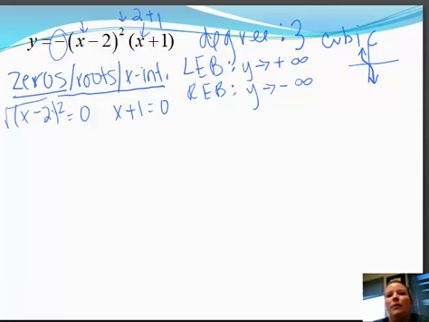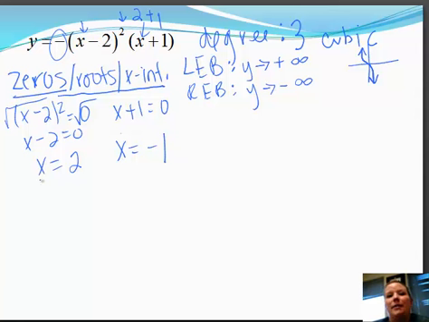Over here I'm square rooting. I get x minus 2 equals 0, so I know that it's x equals 2. Because of that fact, and the fact that for anything equal to 0 you're just changing the sign, I can just go ahead and say this is x equals negative 1. Okay? So to get a zero, you switch the sign of the thing in the parentheses.